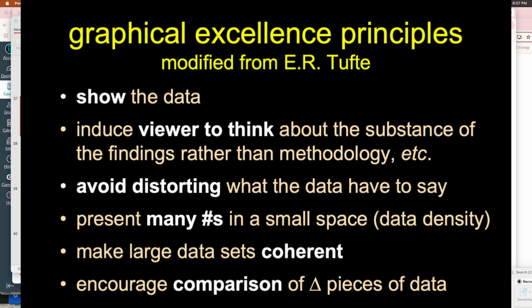But when we do start to get multiple things going on, we really need to work hard to make sure that the visualization has some coherent messaging, same colors, same symbols, whatever the case may be, that carries through and makes it easier for the viewer to look at stuff. Again, the general thing with a lot of our visualizations is to try to show people a relationship so they can compare A to B or whatever. And so the design of our visualization should help people make those comparisons.